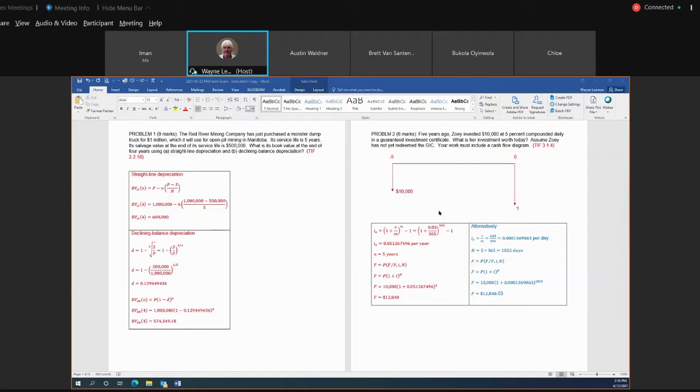Because it was compounded daily, you would get 1 mark for correctly calculating either IE or IS. You'd need also with that the corresponding capital N value, whether it be for years, which is what you're given, or for the number of days.